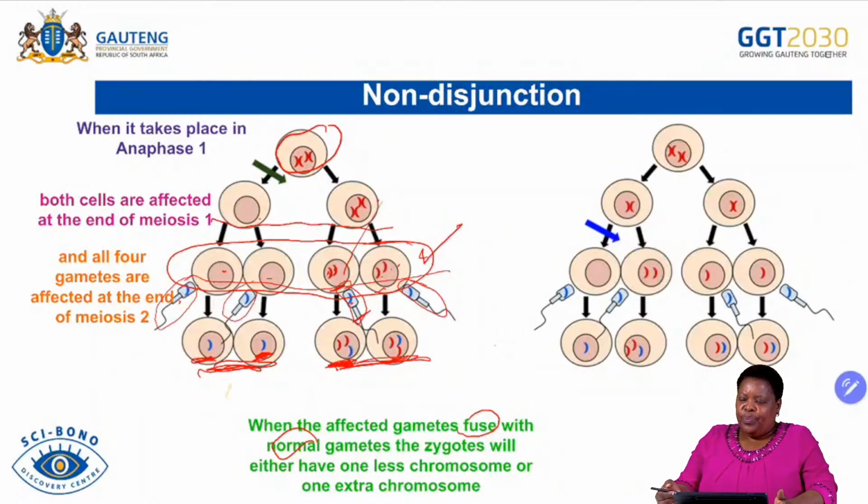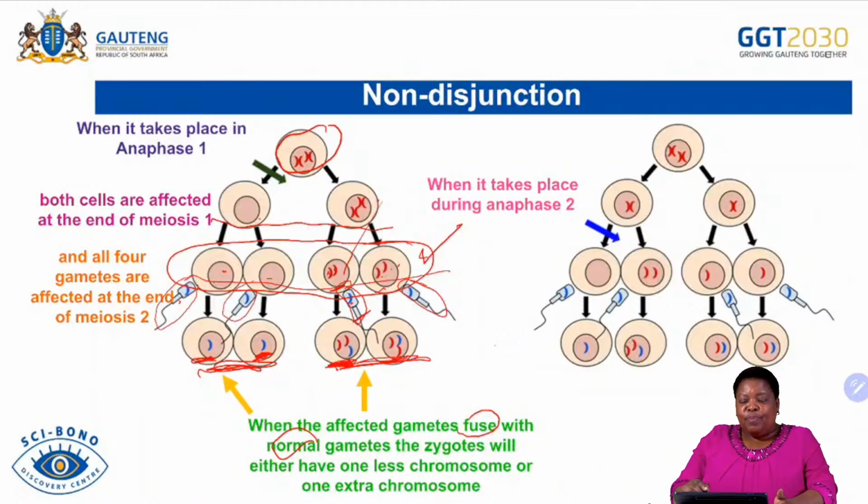Now, let us check on this side. When it takes place during anaphase 2, remember I was explaining anaphase 1. Now when it is taking place during anaphase 2, what happens? This is a diploid cell giving rise to 2 haploid cells.